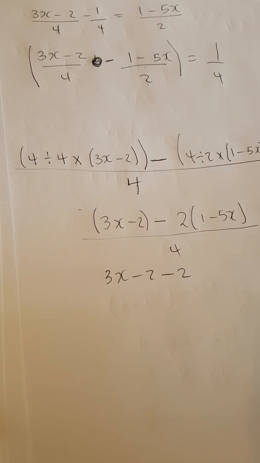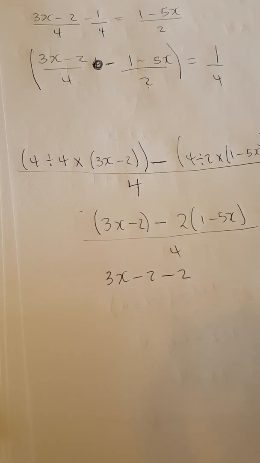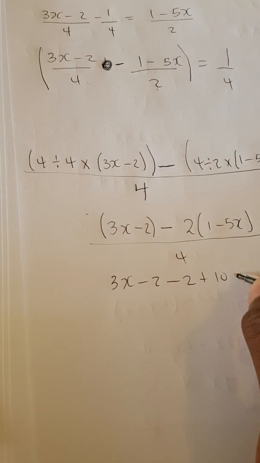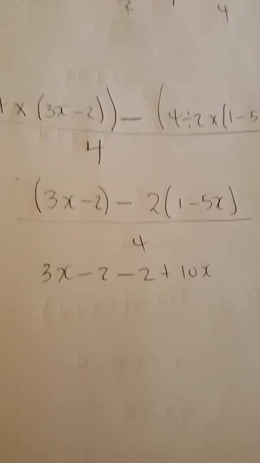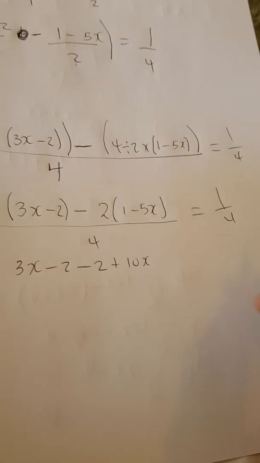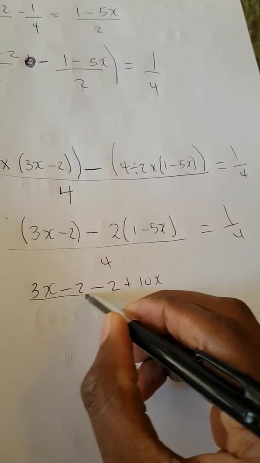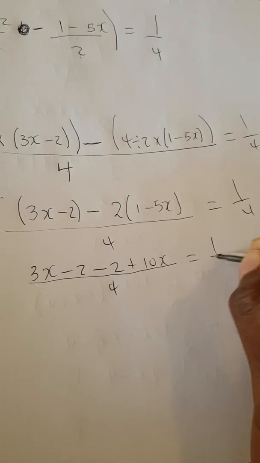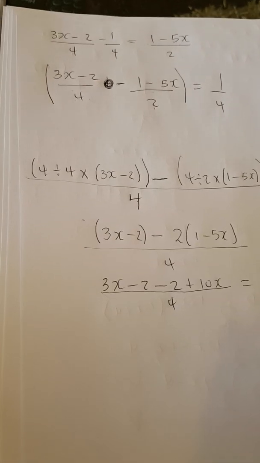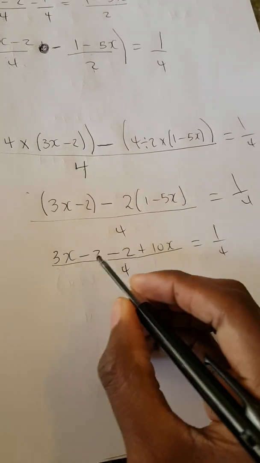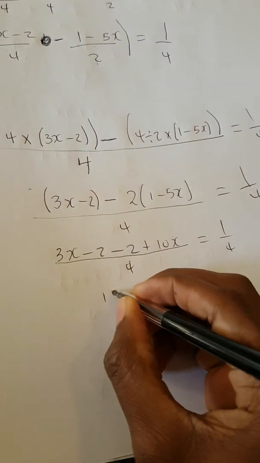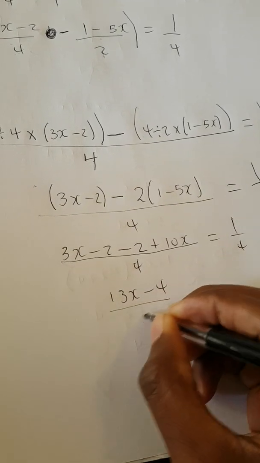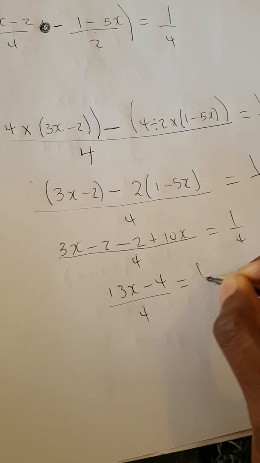Okay, so it seems like we will get positive 10x. Okay, so this is what is going to happen here. All divided by 4 is equal to 1/4. Okay, so now let's add 3x plus 10x is going to be 13x, minus 2 is going to be minus 4, all over 4 is equal to 1/4.